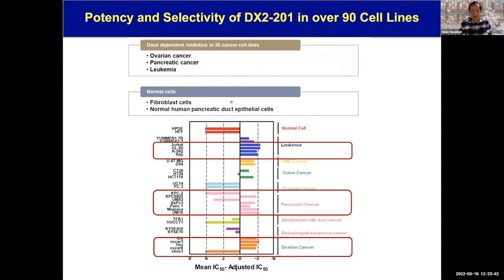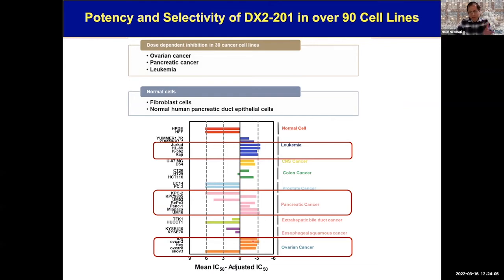And we also tested an additional 30 cell lines in my lab, testing both in the normal cells as well as leukemia cells. So unfortunately, NCI60 does not have a pancreatic cancer cell line. So we tested several pancreatic cancer cell lines in my lab, and most of them, they respond. And some of the ovarian cancer cells respond as well.